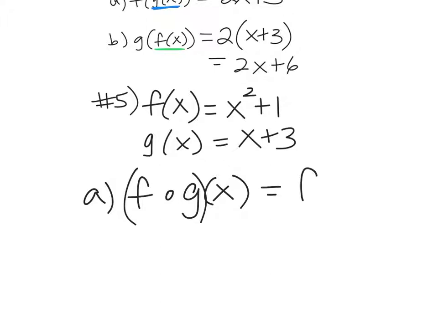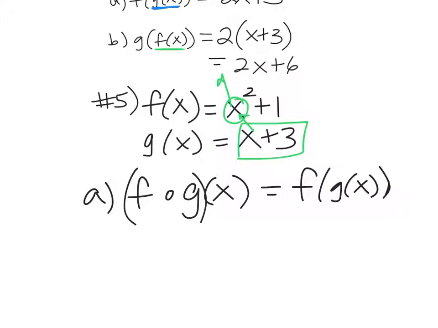So if you don't like it, like I said, just rewrite it next to it so that you know that g of x is on the inside. Okay? So we're going to now take all of g of x. What does g of x equal? It's x plus 3, right? We're going to take this x plus 3, and we're going to take that out and replace it inside.